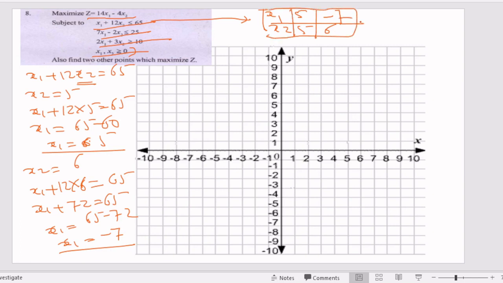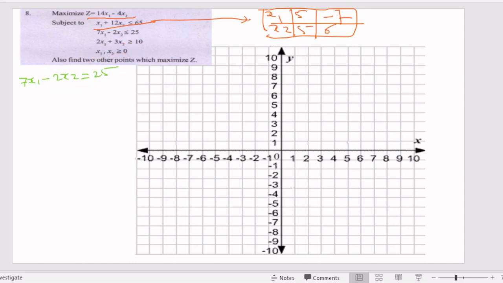Similarly, let's find for the second equation. The second equation is 7x1 - 2x2 = 25. In this case, if we substitute x2 = -2. Why -2? Our main motive is to get the whole number.